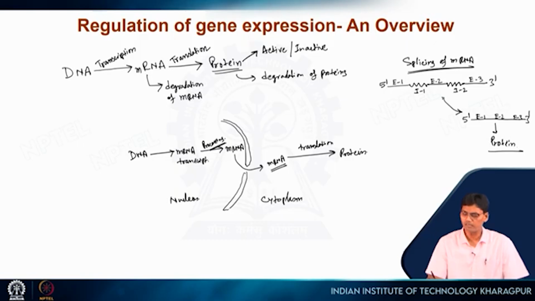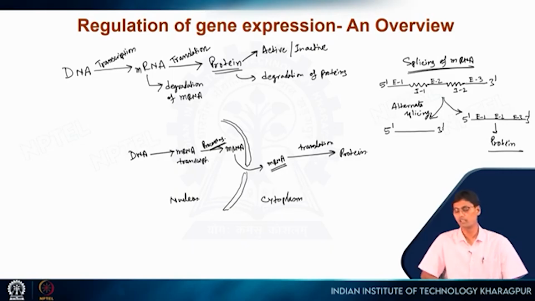Now sometimes for specific genes, alternate splicing can also happen. In that case, because of the alternate splicing, we might get a 5' to 3' mRNA, but here you have just E1 and E2, and the E3 portion is not present in this mRNA.